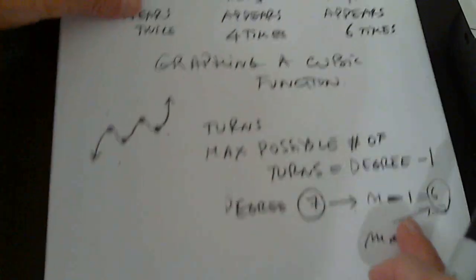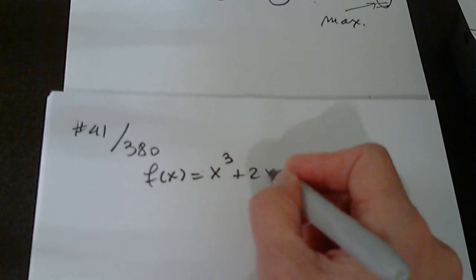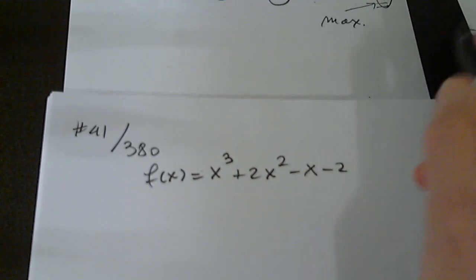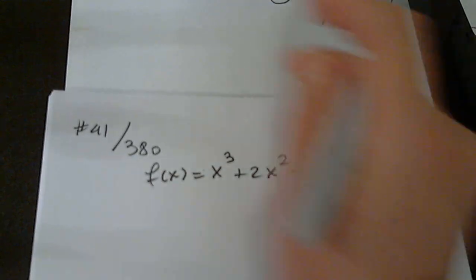Okay, so let's choose a cubic function. I'm going to choose the first one and you choose the second. So 41 on page 380. And this is f of x equals x to the third plus 2x squared minus x minus 2.